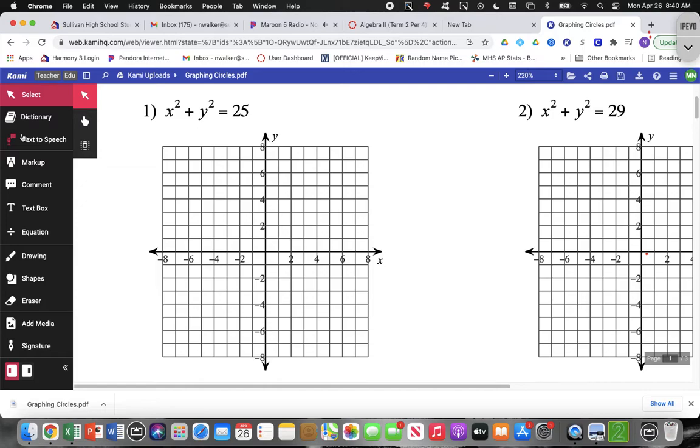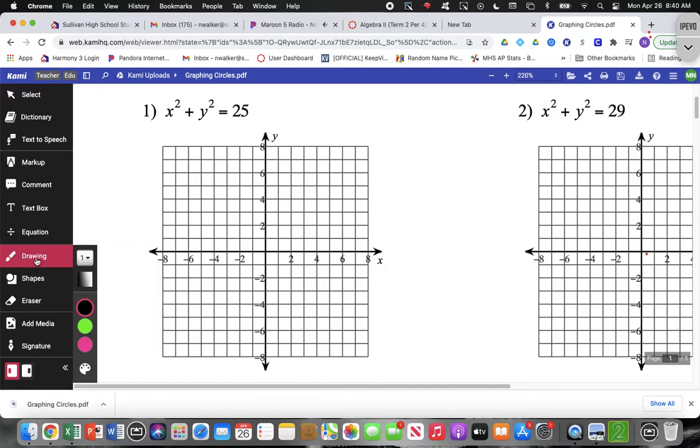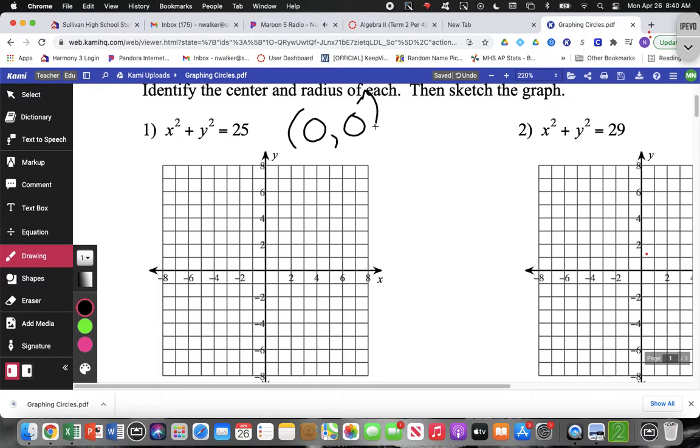Well, we have to have an x and a y coordinate. Is there anything being subtracted from x? There's nothing subtracted from x, so that tells us that our x coordinate is 0. Is there anything being subtracted from y? What do you think the y coordinate is? 0. So we know that the center is 0, 0.